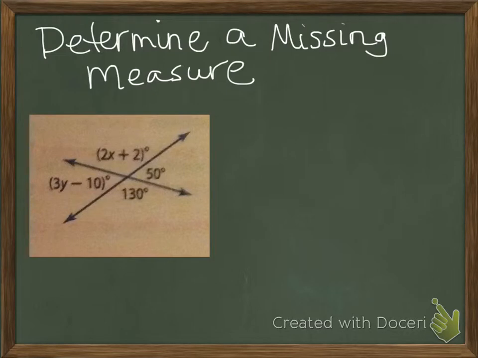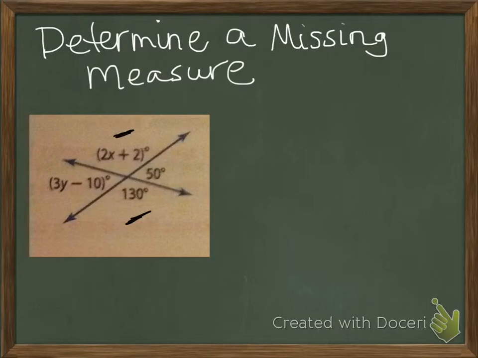So this is a pretty difficult example to start you off with, but we're going to look at determining a missing measure given everything that we just learned. So we know that this angle and this angle are congruent to each other, which means that they measure the same thing.